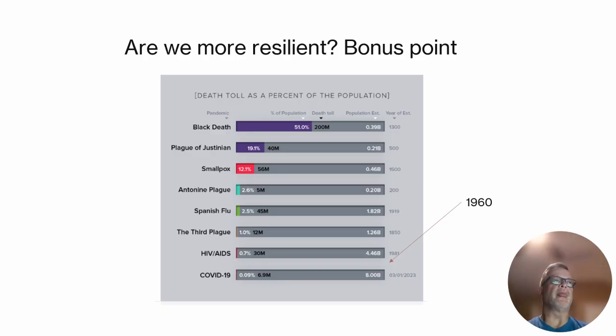And when you go to the bottom of this graph, you see the difference between the HIV/AIDS epidemic and the COVID-19 epidemic. That shows you clearly that the resilience improves dramatically from the 14th century until the 20th century, but the improvement between 1981 and 2023 is the smallest, right?